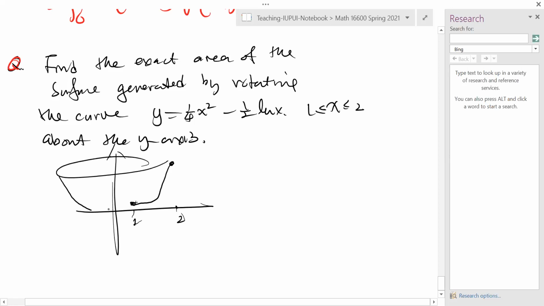So when you draw it, it looks like that. So now what is the next step? Remember, take a point on the curve and draw the radius. That's all I need. And then express the radius in terms of x, y. So it's x.